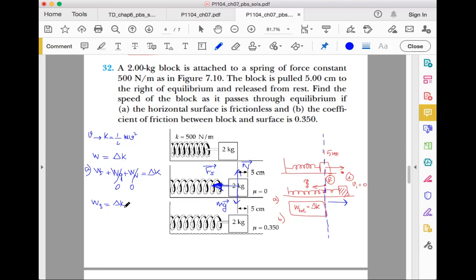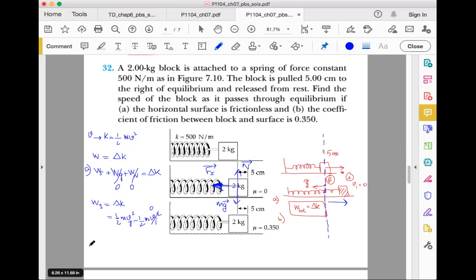As concerns delta K, it is the difference between the kinetic energy in the final state and the initial state, right? So delta K is nothing else than half m v final squared minus half m v initial squared. So v initial is equal to 0 because the block is released from rest. So we end up with half m v final squared. That's it. And v final is the variable we are looking for.